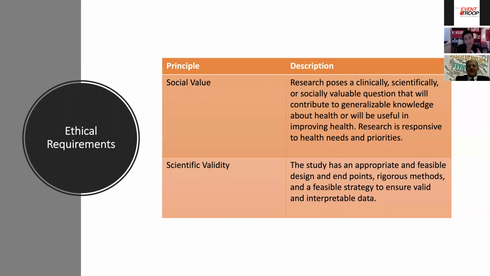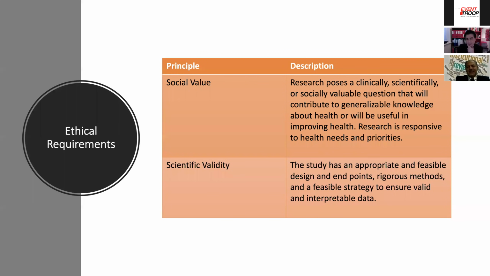Research should be responsive to health needs and priorities. What this means is if you are going to do research, there has to be some value to it. There's no point repeating research which is already done. That is just exposing patients to potential risk for what reason? So this is very important: what new information, how is this going to benefit mankind? This is the social value. So they'll look at the social value.